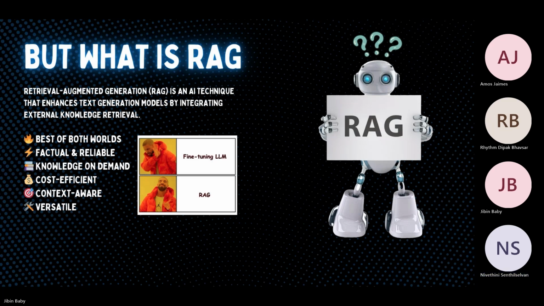Now, having RAG is like having Google or an open source library in your hand during the exam. Instead of memorizing everything, you just look up the latest and most relevant answers you need. And this is the major advantage of using RAG over the fine-tuning LLM system.